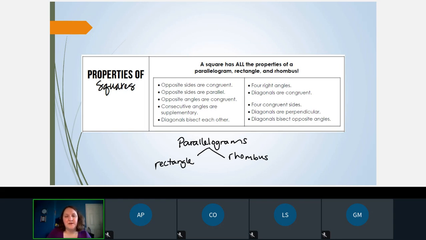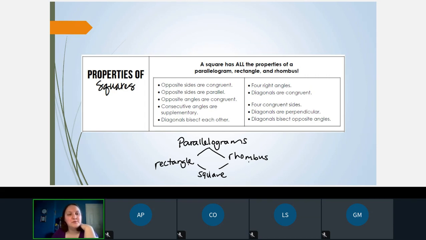And now here's where my family tree illusion kind of falls apart. If it's a square, it has the properties of the rectangle, the rhombus, and the parallelogram. I don't know if that helps you remember all of the properties that they share, but maybe it'll help.